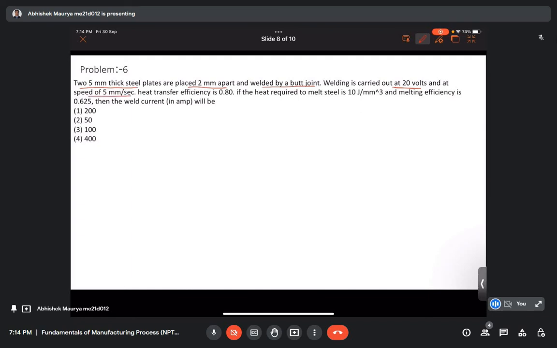Here we are also given the heat transfer efficiency is 80% or 0.80, and the heat required to melt the steel is 10 joule per mm cube, and the melting efficiency is given as 0.625. And what we have to find out? We have to find out the welding current in amperes.